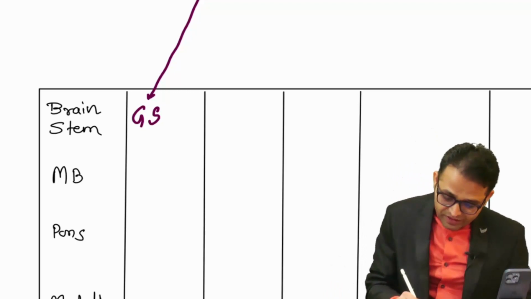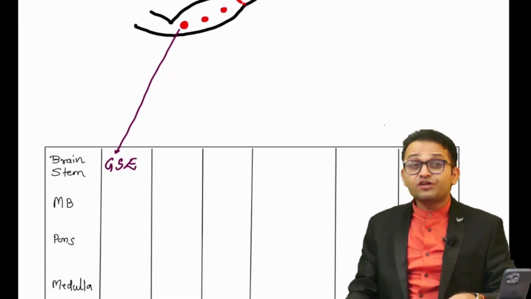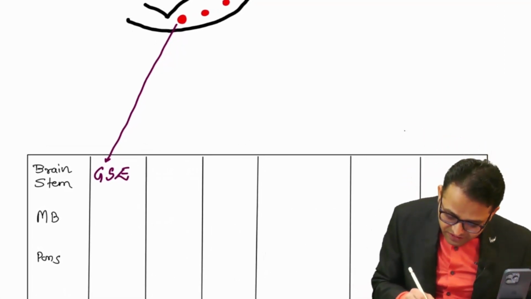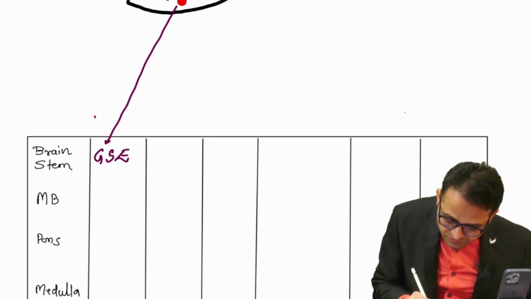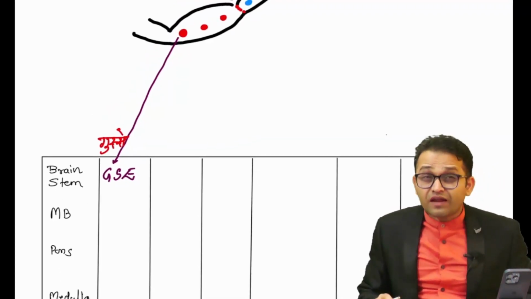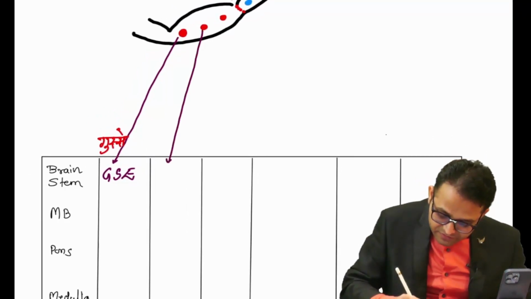So general, somatic, efferent. The first column is general somatic efferent. You can give the nickname gusse.